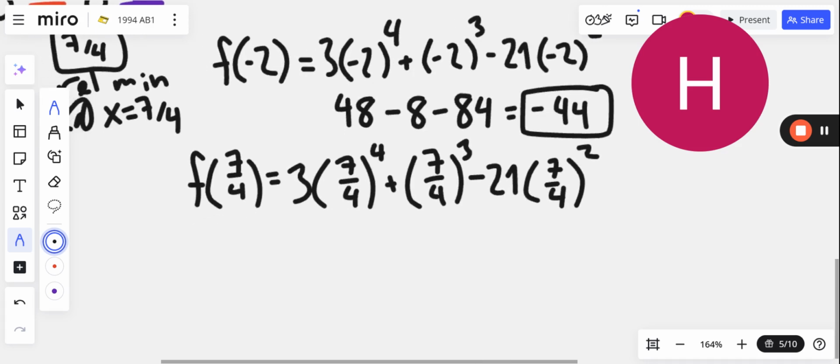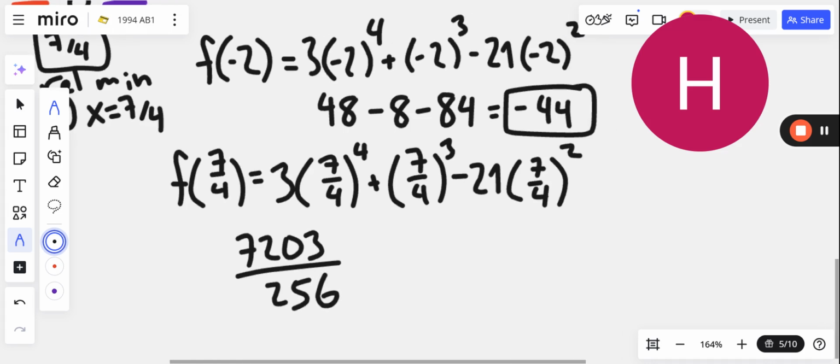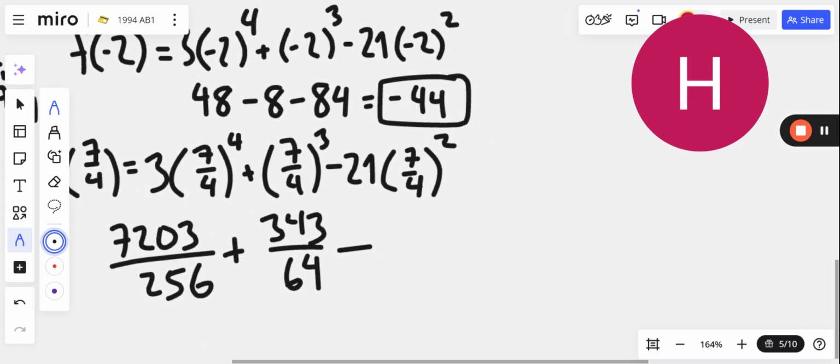All right, when we square this, also when we do it to the 4th power, geez, this will be a pretty big number. Let's see, 49 squared is 2,401, and then times 3 is going to be 7,203 over 256, beautiful number, plus 343 over 64 minus, let's see, that's 49 times 21, which is 1029 over 16.